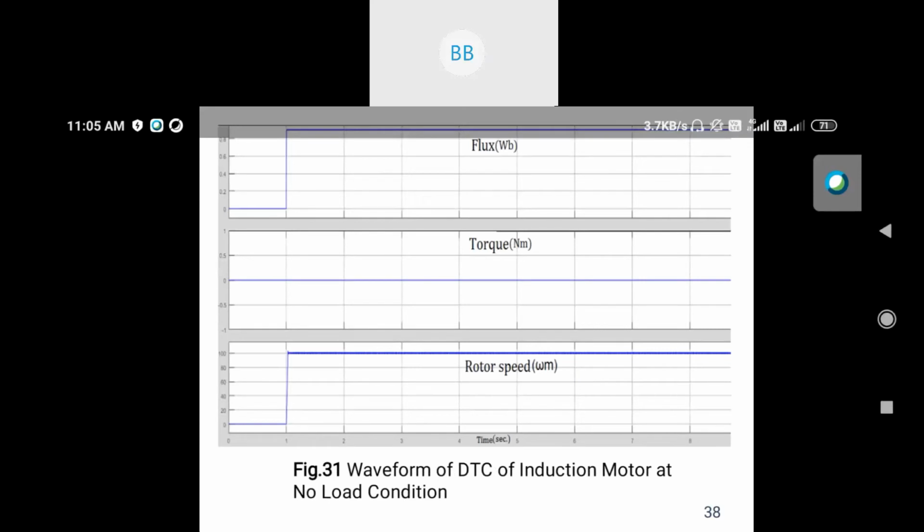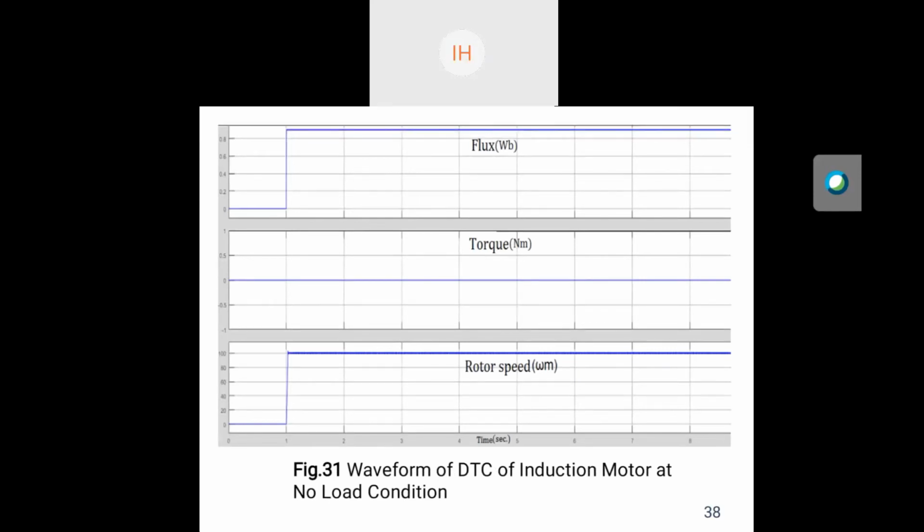Here, the simulation result of DTC of induction motor at no load condition is shown in figure 31. Here the waveform of flux, torque, and rotor speed is shown.